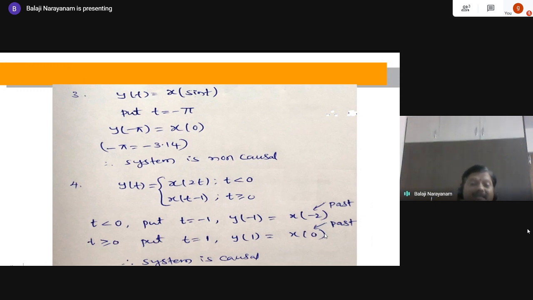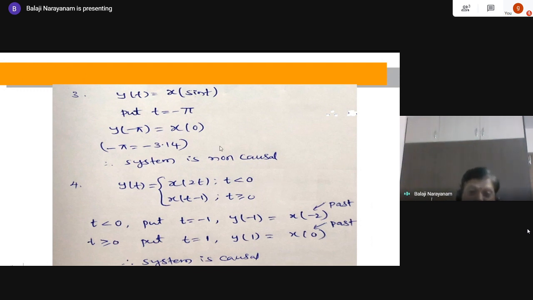You may observe that if we substitute the value of t as minus pi, where pi is 22 by 7, we clearly know sine of minus pi, or minus sine pi, is 0. So x of 0, and y of minus pi, where minus pi is minus 3.14.